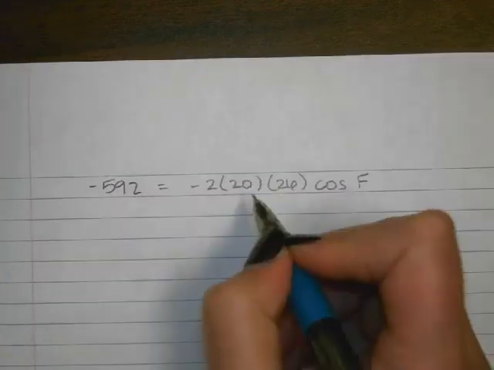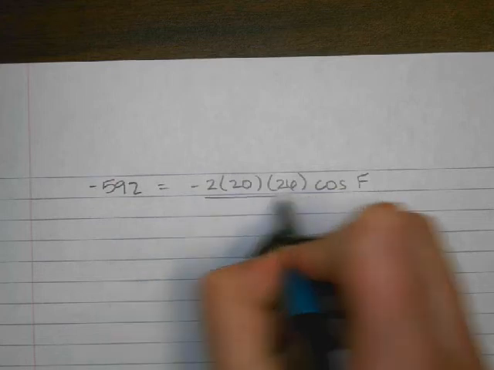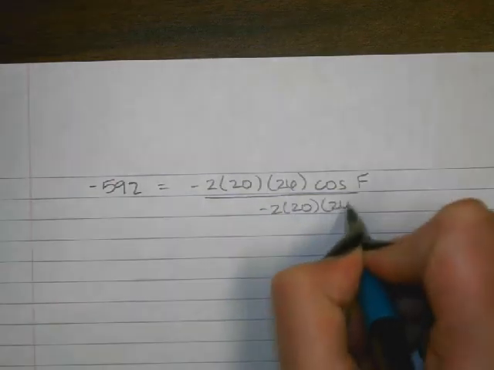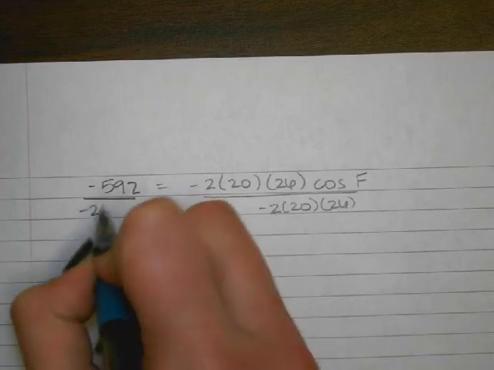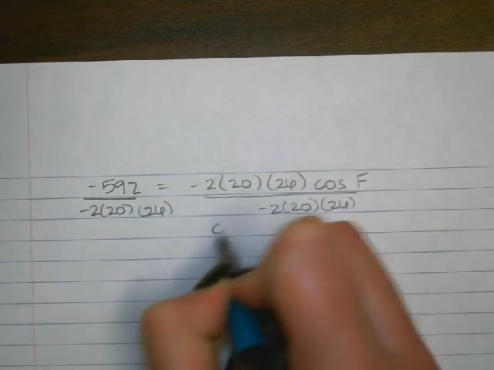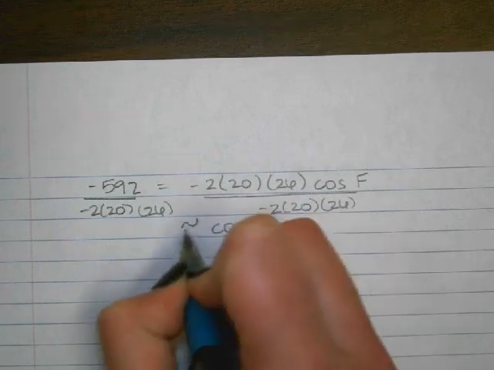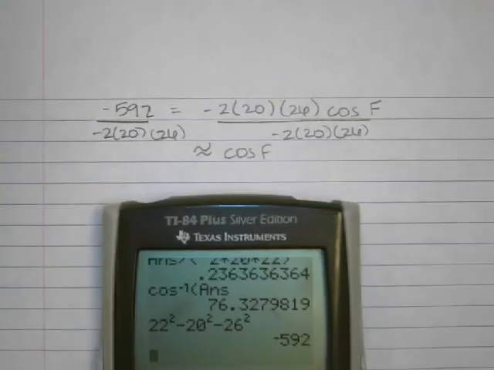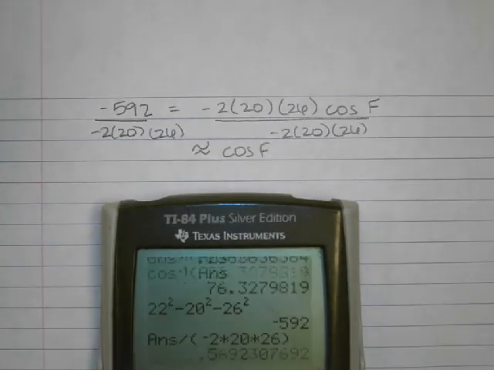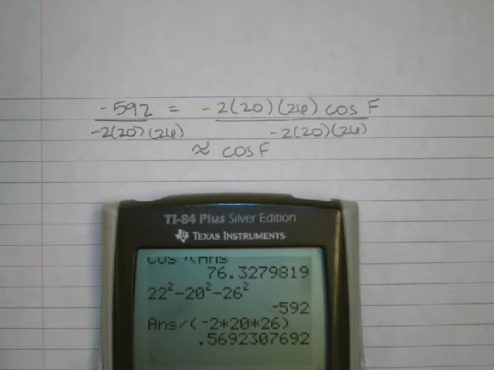Now to get cos F alone, I can go ahead and divide by these three. And so cos F is 0.569.